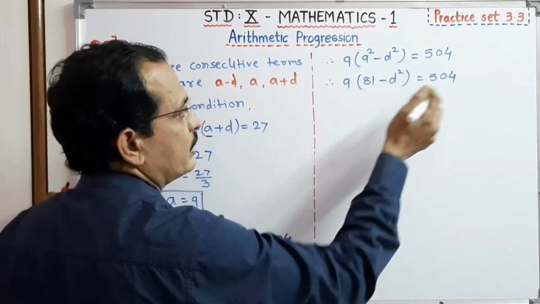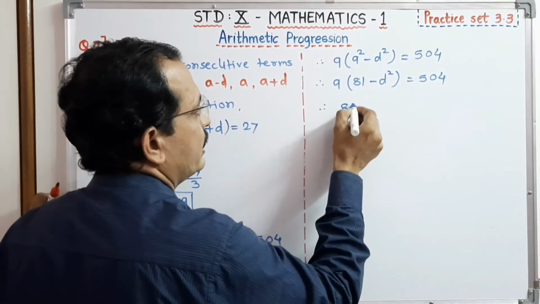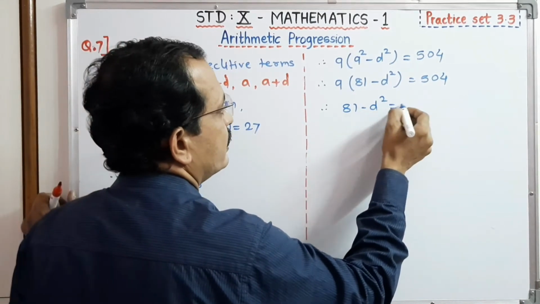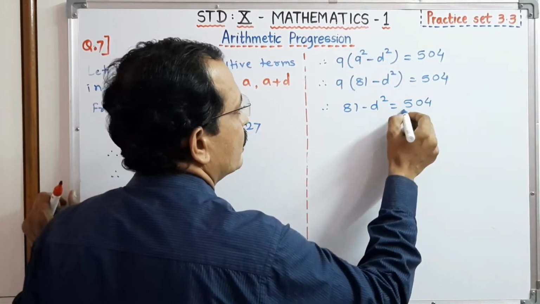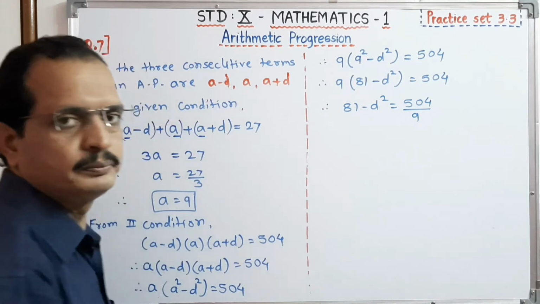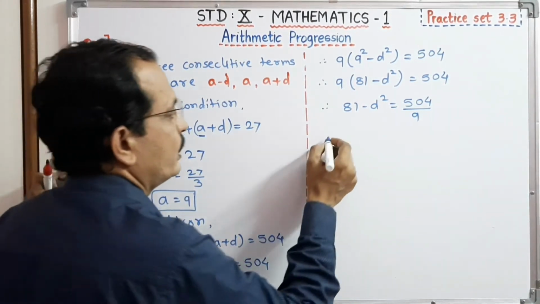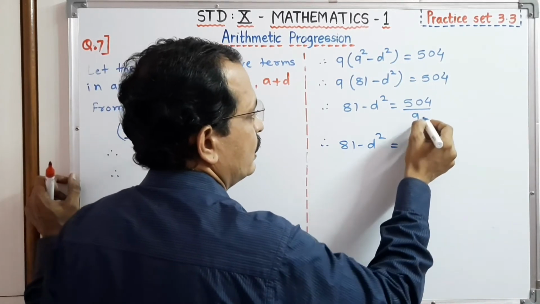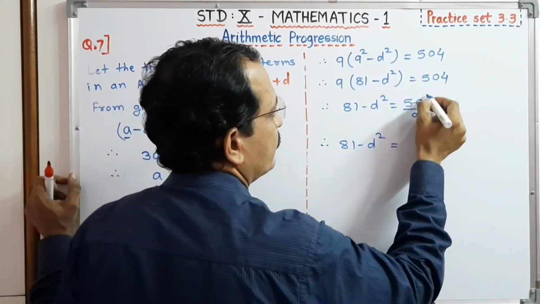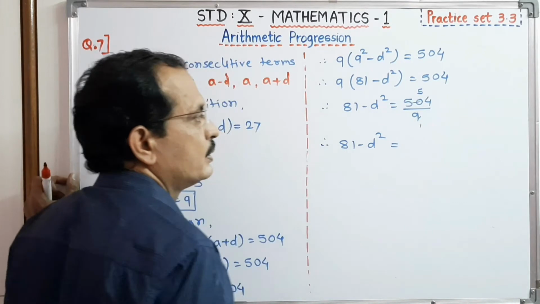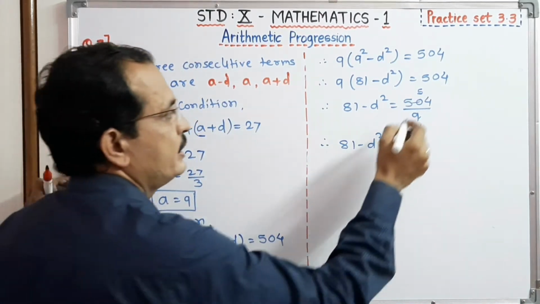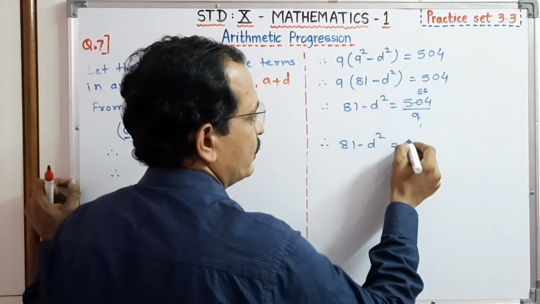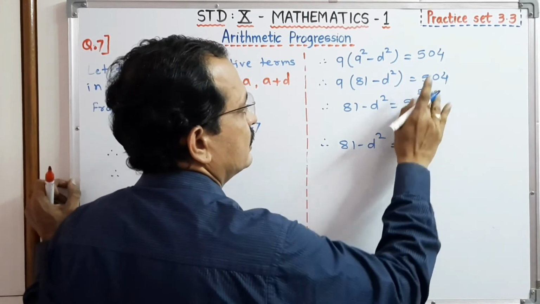Now this 9 take on that side, therefore 81 minus D square is equal to 504 divided by 9. Now we have to simplify this. 81 minus D square is equal to 9 1s are 9, 9 5s are 45 and 9 6s are 54. Therefore it is 56.